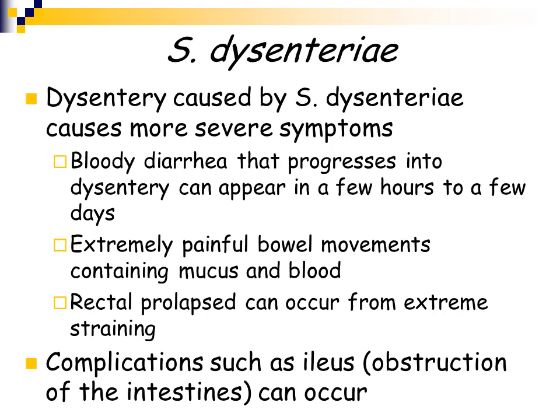The problem with Shigella is it can cause such an awful watery diarrhea and a lot of straining that it can generate rectal prolapses and also other complications such as obstruction of the intestines.